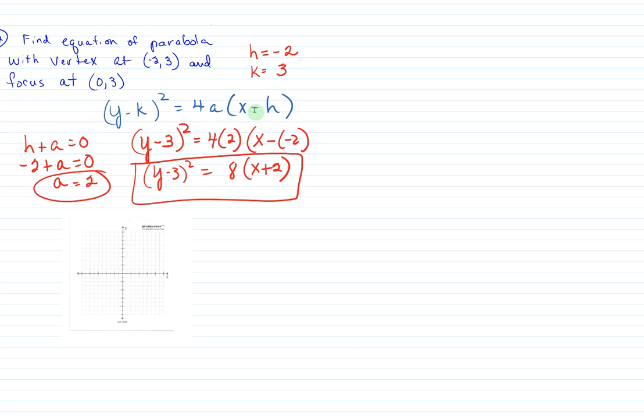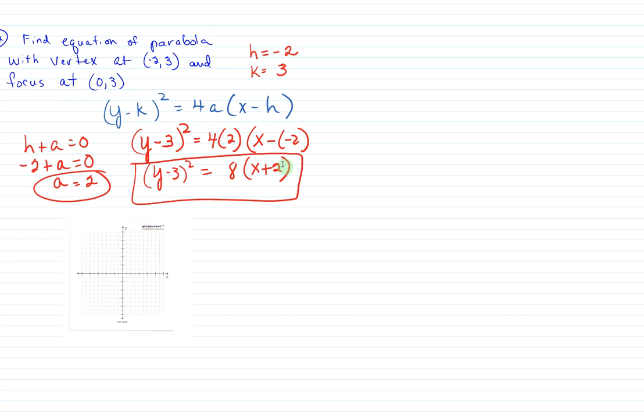And here we've got x minus h, that's x minus a negative 2. We had to figure out what a was. Well, h plus a equals 0, because the focus here is 0. So negative 2 plus a is 0. That means a must be 2. That number gets plugged right there. So here is our equation.